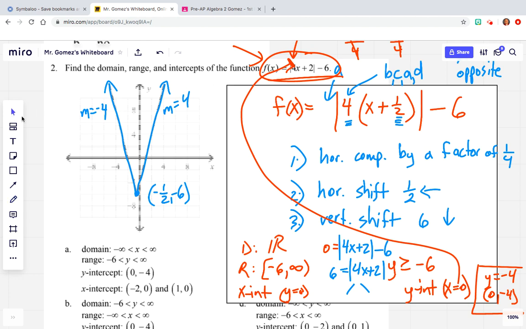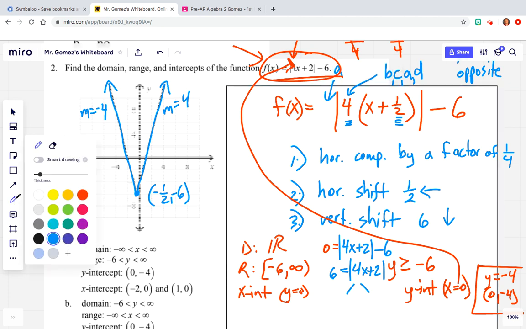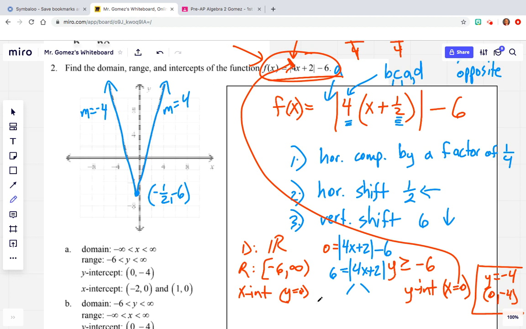Okay, and the 2 equations, let me make some more room for myself right here. The 2 equations that we're going to do are the plus and minus versions of what we see. Okay, so let me go ahead and set that up real quick. It'll be 4x plus 2 and 4x plus 2. We're going to set it equal to the positive version of the other side, which is just 6, and the negative version of the other side.